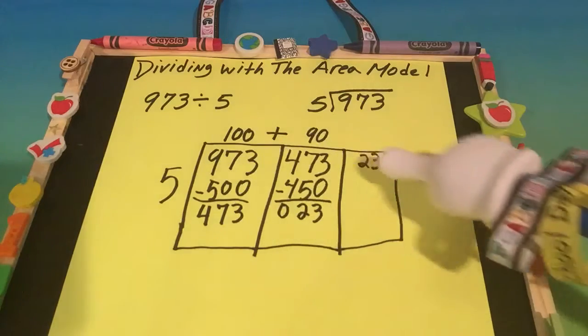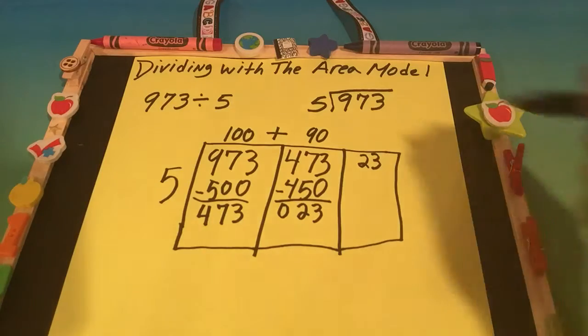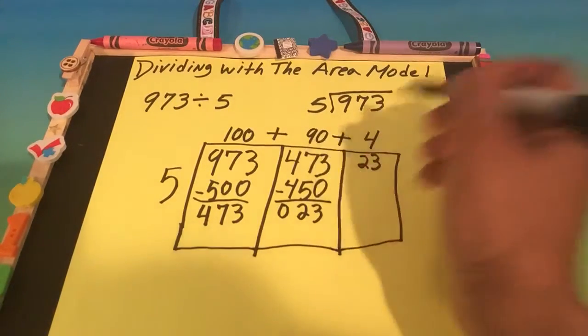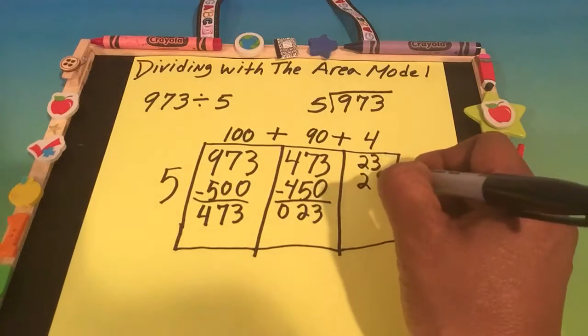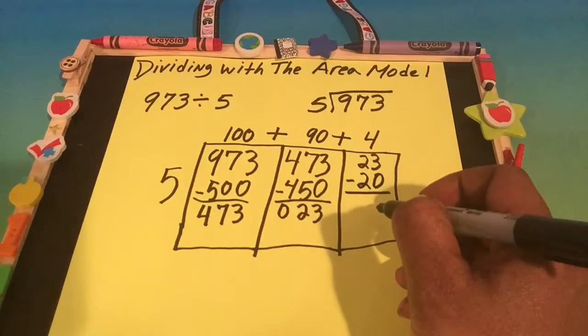I know 5 times 4 is 20, and that will get me close to 23. So I'll go ahead and use that 4, add my plus sign, and I'll put the 20 right here and subtract that 20 from 23.